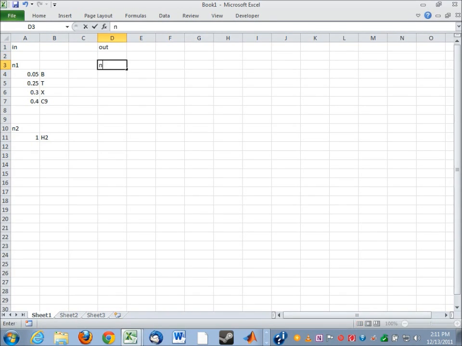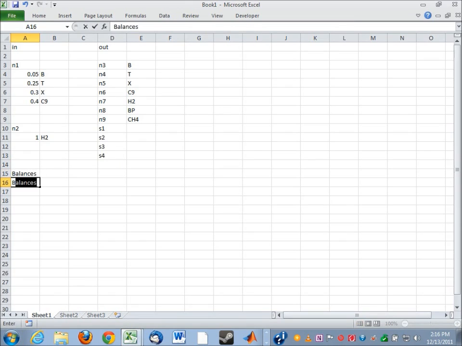We have N3, which is the benzene out, N4, which is the toluene out, N5, which is xylene, N6, which is C9, N7, which is hydrogen out, N8, which is our biphenyl out, N9, which is our CH4 out, and then we have our 4 squiggles for the extent of reaction.